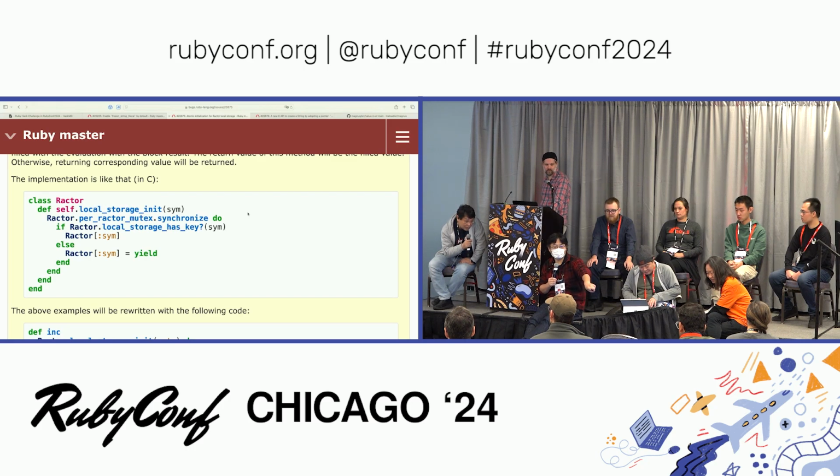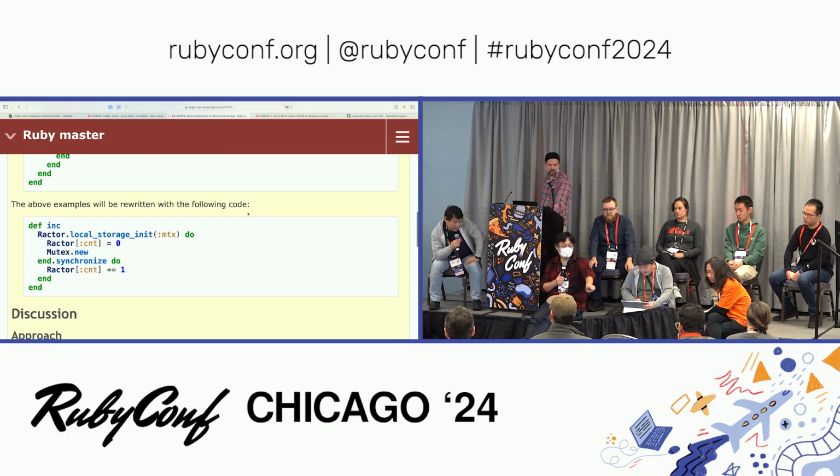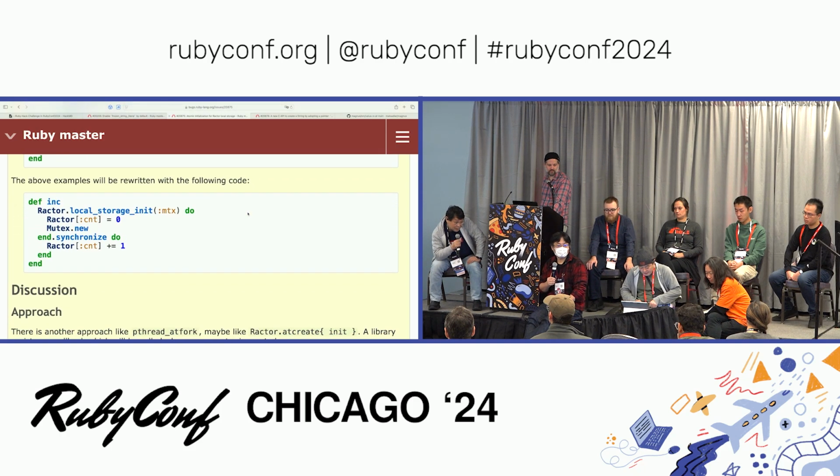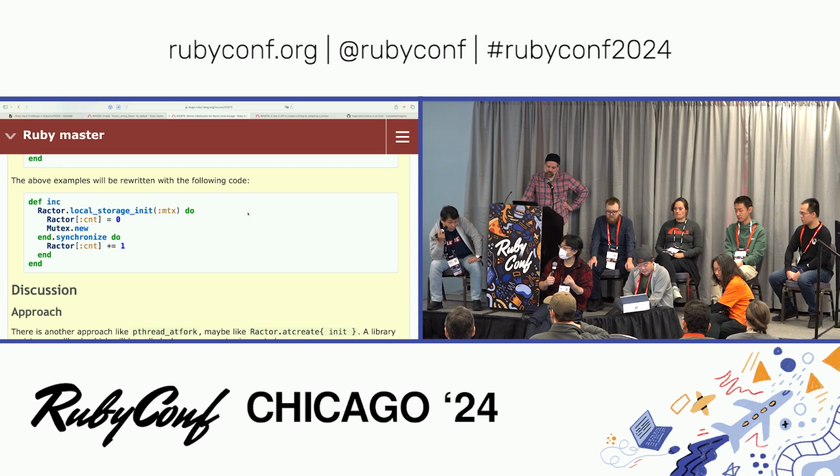So this is how to implement it. Maybe the usage is in the lower lines. What is this for? To explain the background: we have Ractor local storage, and we can already get and read from the local storage, but we don't have a way to set or initialize it atomically.